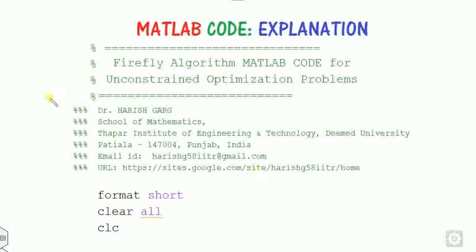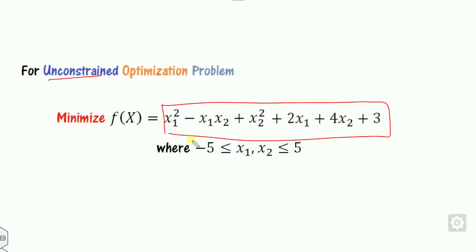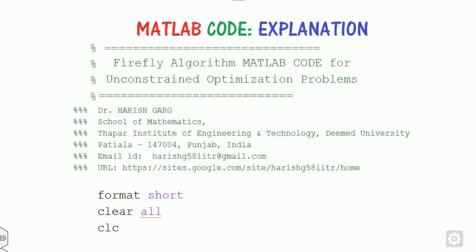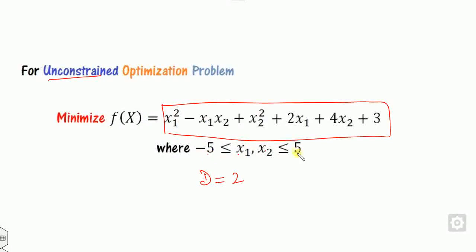Now you can define the parameters. What is the dimension of the problem? There are two variables, so D is my 2. What is LB? Lower bound. The lower bound is -5 and the upper bound is plus 5. If my domain were like this, with x1, x2 and x3, then first of all the dimension of the problem is 3.